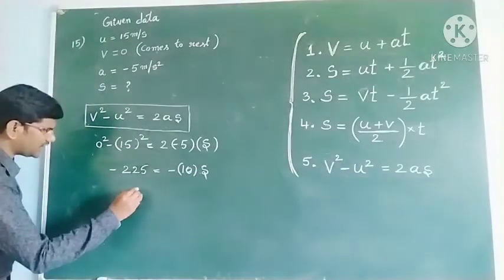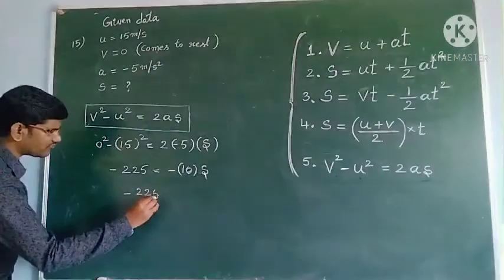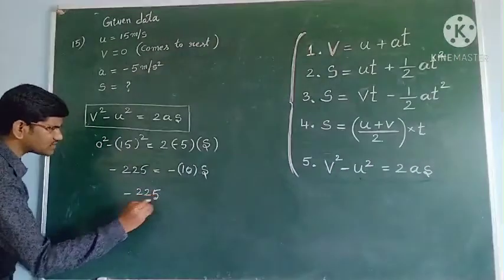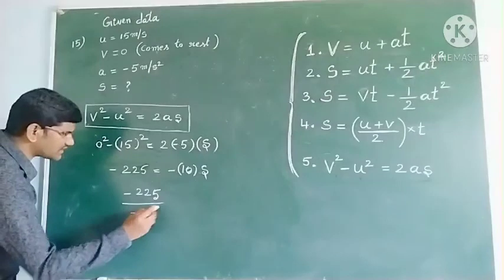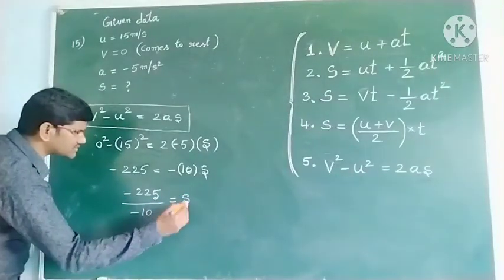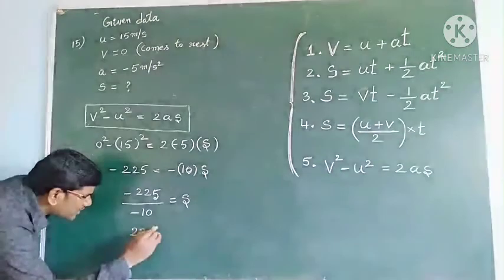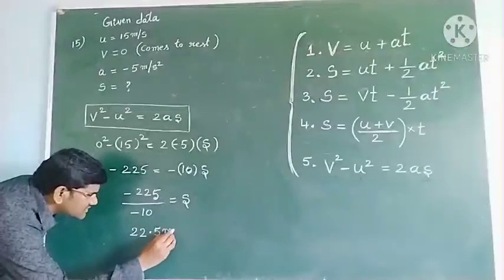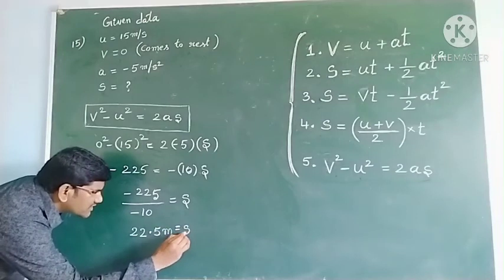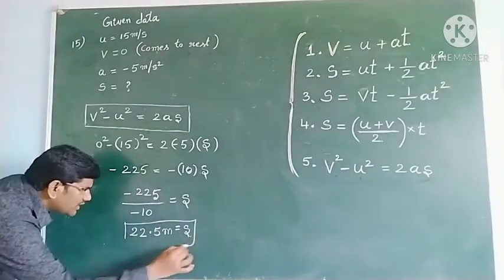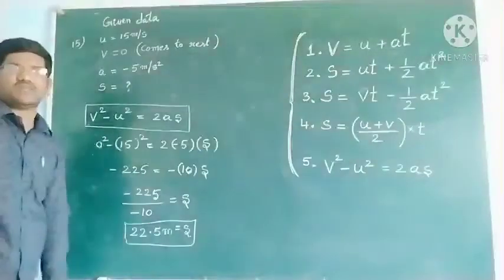Then minus 225 by minus 10 gives s. What will you get, students? 22.5 meters is the displacement you are getting.